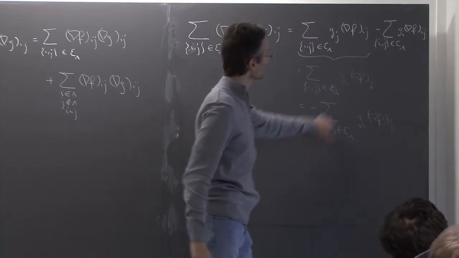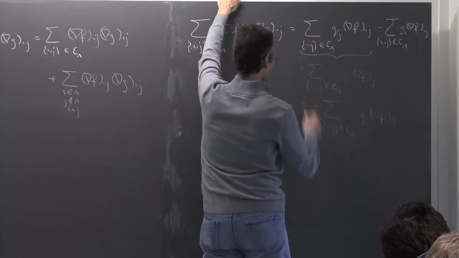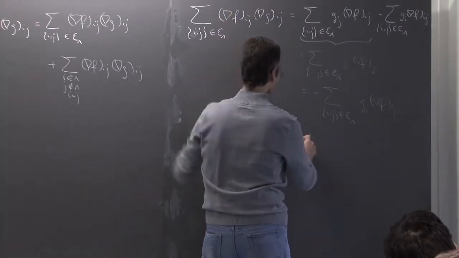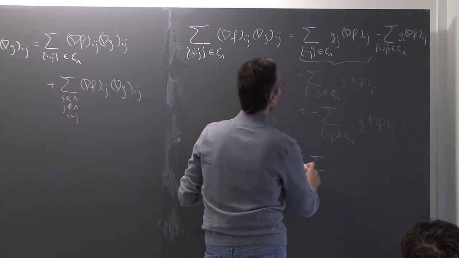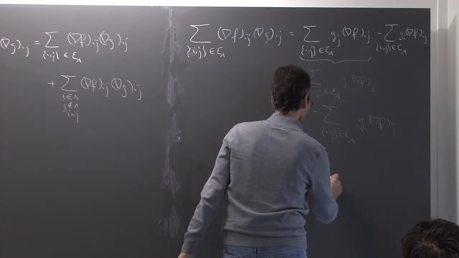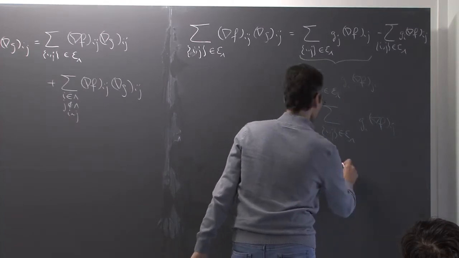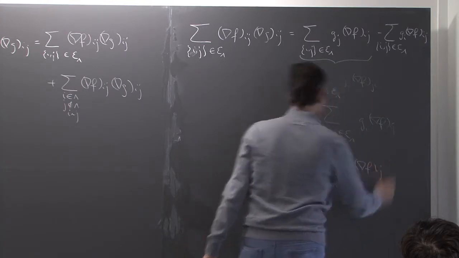And we recognize here exactly the term we have here with the same sign. So the whole is equal to minus 2 times the sum over all ij in E lambda of gi gradient f ij.